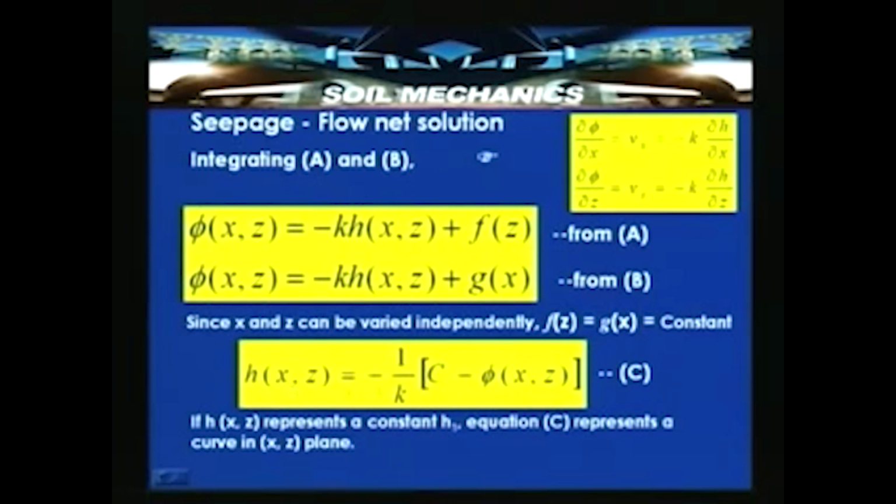Now, by simplifying we can write equation C, which is h(x, z) = -(1/k)(C - φ(x, z)). If h(x, z) represents a constant h1 at a point (x, z), then equation C represents a curve in the x-z plane.